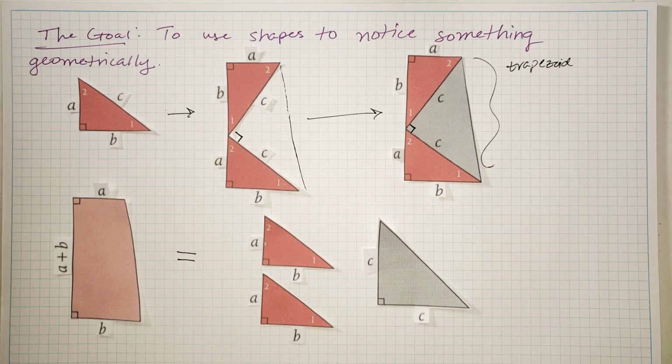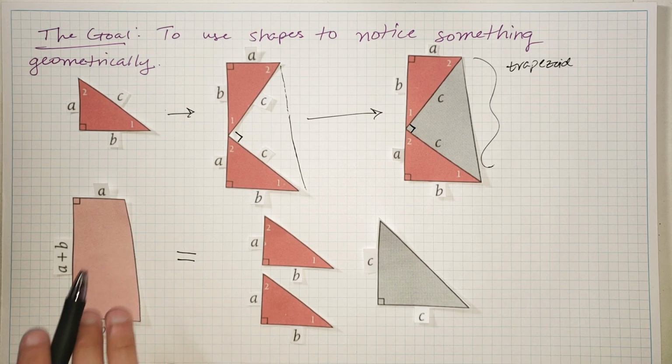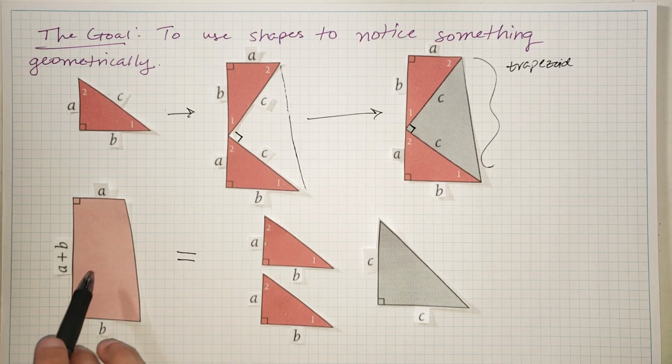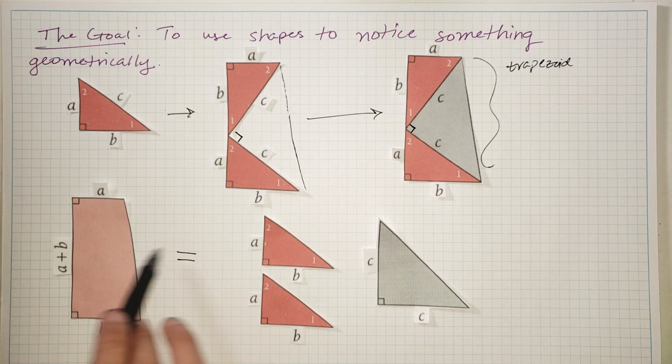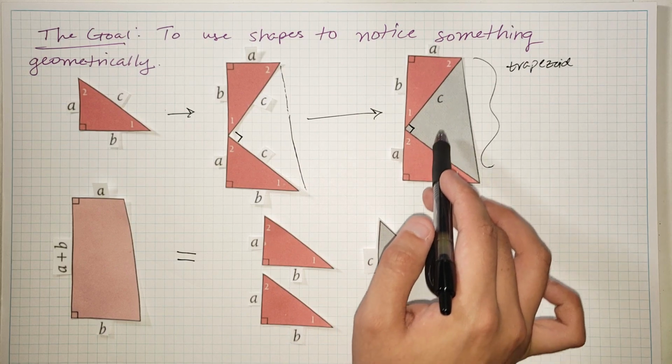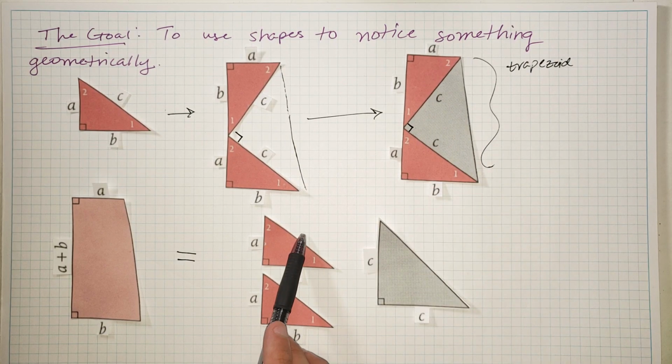Now here it gets a little bit more confusing. Hopefully you're okay with this so far. We've just broken up this trapezoid into the 3 that it was originally: 1, 2, 3. And here we have them right here: 1, 2, 3.